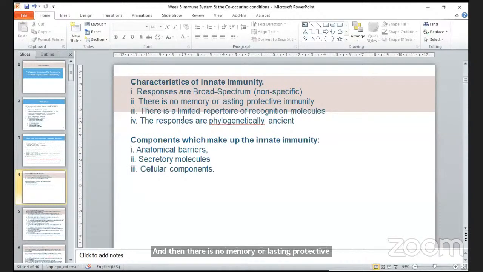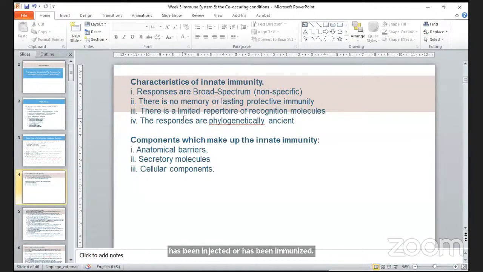They don't have memory. For example, once you're attacked by a disease and there's an innate immunity response, that response does not last, such that next time when the same disease comes in, it responds again from the start. Unlike in artificial immunity, where once somebody has been immunized, it recurs with a memory.